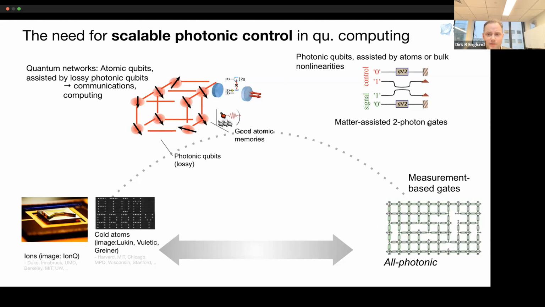One way that's being pursued is to use matter only temporarily, like a few atoms in a cavity coupling to an optical field, to mediate entanglement between quantum information that's actually stored in the optical field. So this I would call photonic qubits that are assisted by atoms or bulk nonlinearities.